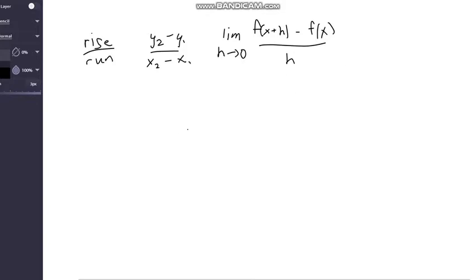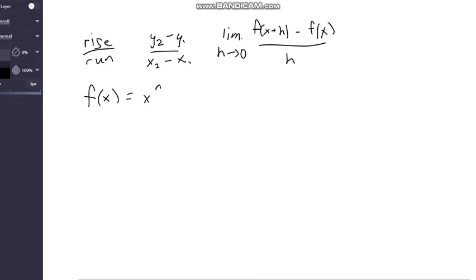Now, I'm going to first talk about the power rule, but this is the only rule I am going to explain how it's found by using this equation. So, let's say we have f of x equals x to the power of n.